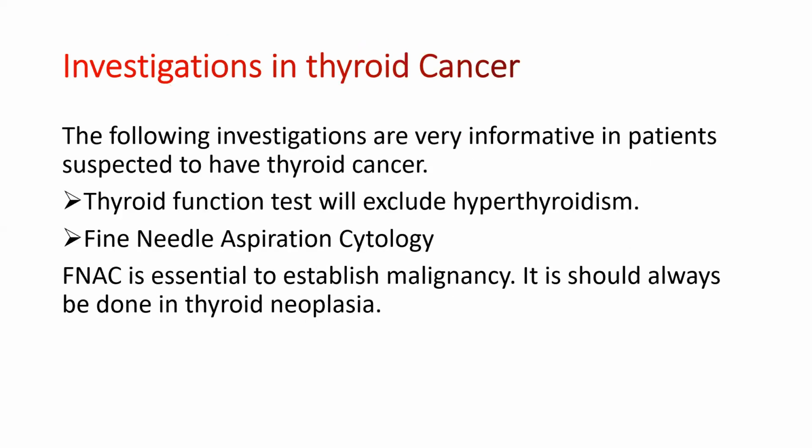So how do we investigate thyroid cancer? The investigations for patients suspected to have thyroid cancer are, as we saw previously, first thyroid function tests. Then you do fine needle aspiration cytology. This is very essential to establish malignancy, and is always done on thyroid neoplasm.